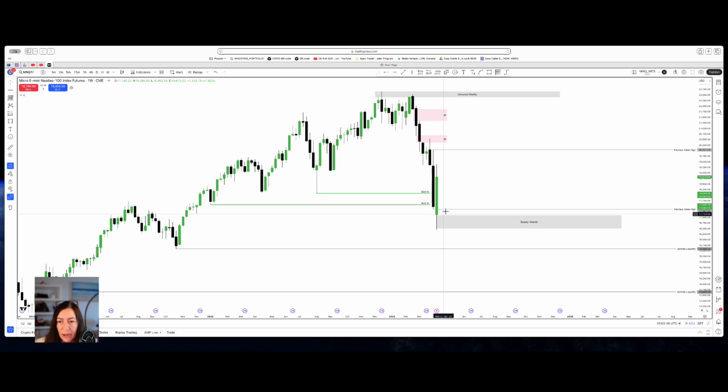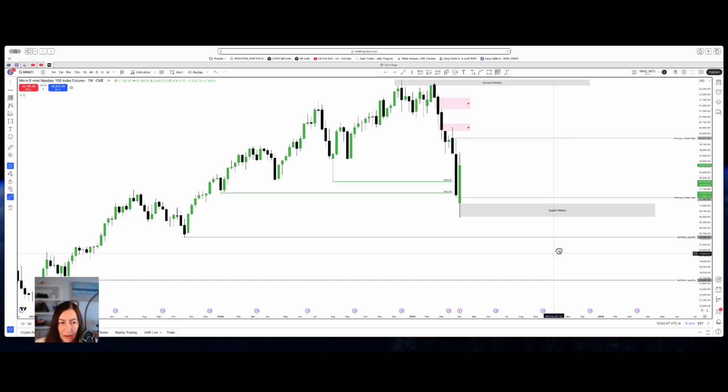So potentially, because last week we saw price open up, move down, come all the way up, and then close just below. So we're in this range where price could potentially reach for the weekly, or price could potentially reach down here for this sell side and then move back into the range. We don't know, but it's something that I'm going to be watching.